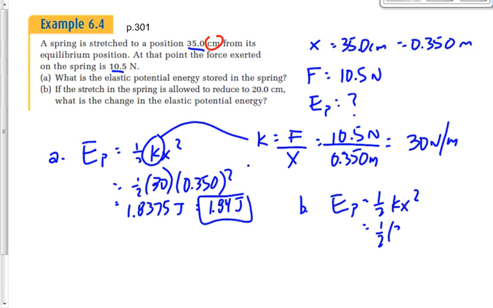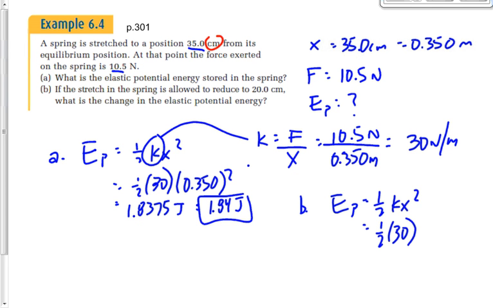Wait a second, is it still 30? If we wanted to find K now, wouldn't we say it's 10.5 divided by 0.2? Doesn't it? No? Why not? Yes, the force that we would apply would be less as well. If X changes, then F changes as well.